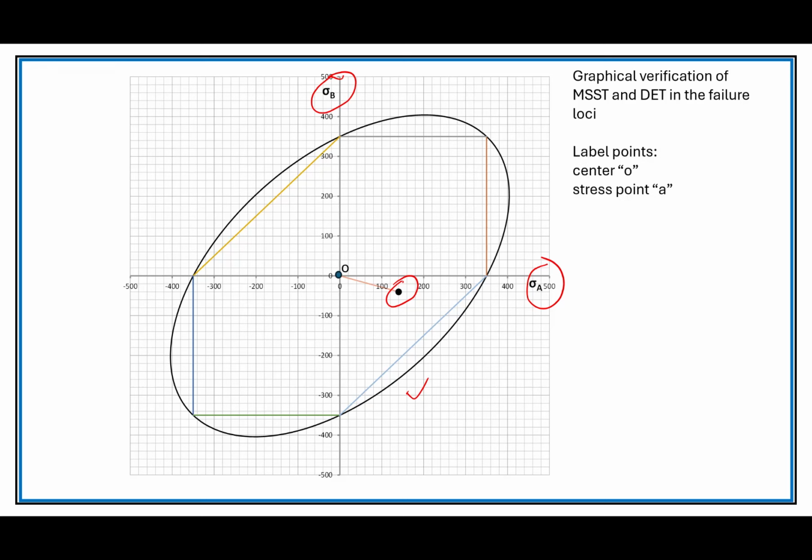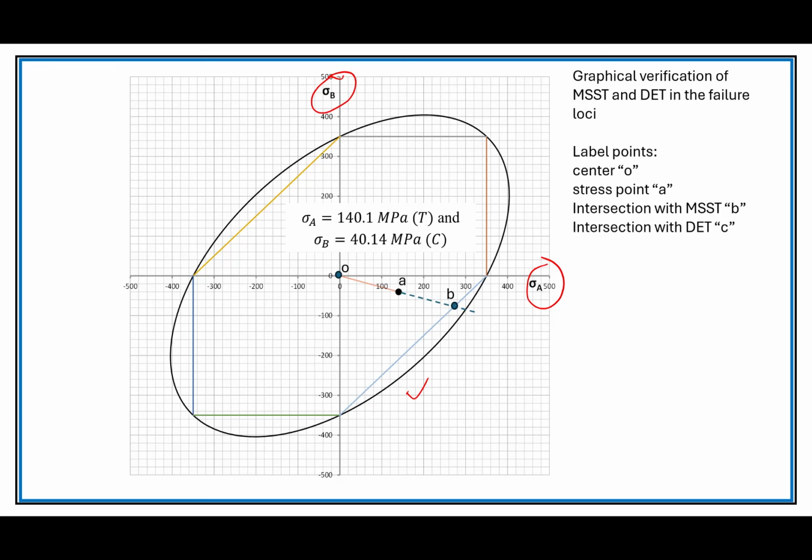If we extend the line and we label points O, A, B is going to be where the line intersects maximum shear stress theory. C is where it intersects the envelope for distortion energy theory.